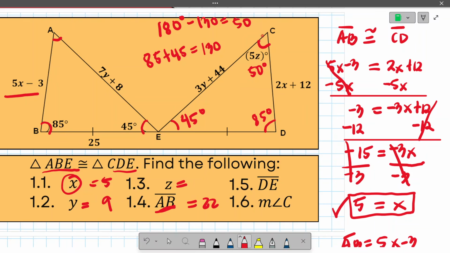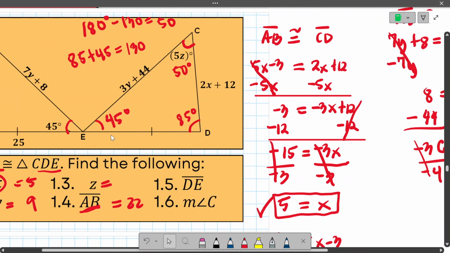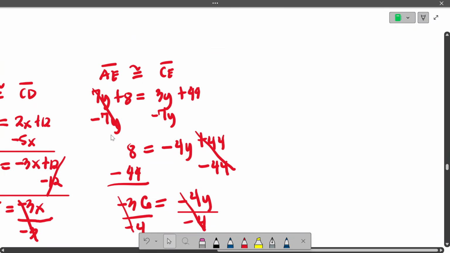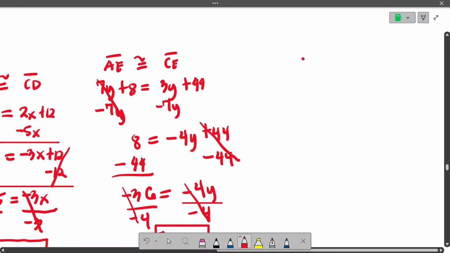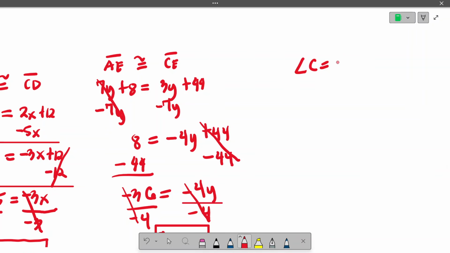Ngayon, how to find Z? We know that angle C measures 50 degrees. And we also know that angle C in the expression is 5Z.